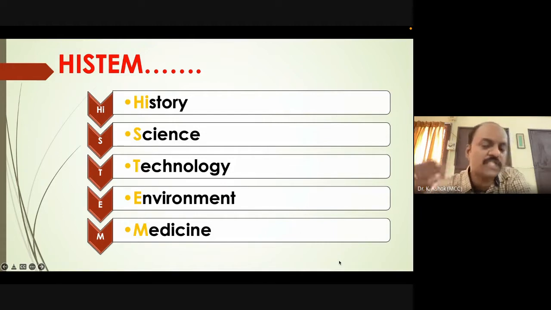There are a lot of research opportunities in this field when compared to the other fields of history, such as political, cultural, and social. HISTEM has ample opportunities for us to undertake research.